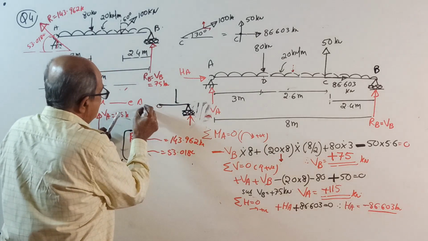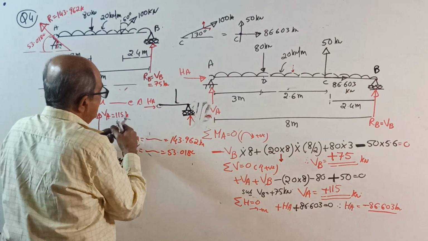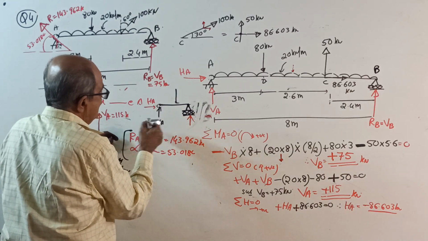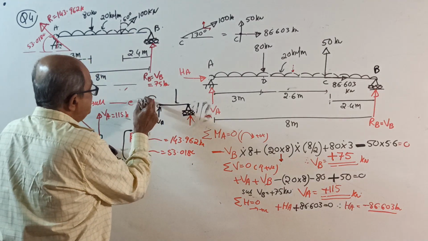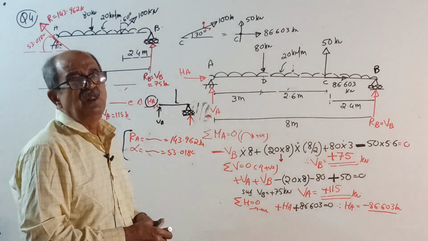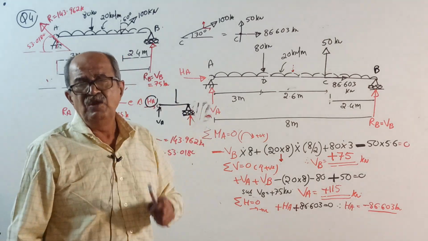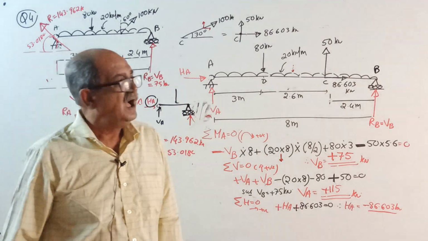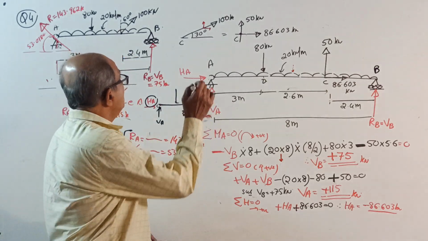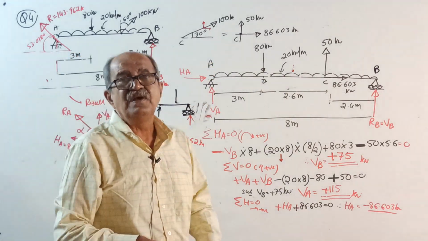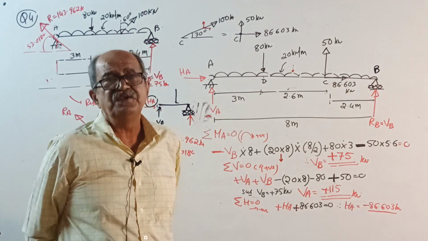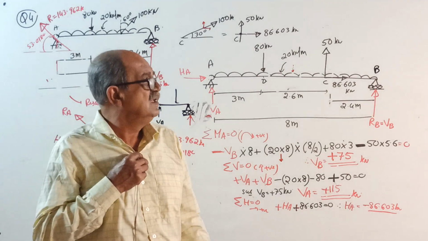And then, even if you take HA and VA here, when you make sigma H equal to 0, HA will come 0. So, I will not write it; I will always dictate in words. But once in a while, I will go for a horizontal reaction. Most important is vertical loading and couples, because that is what you require for SFD and BMD.